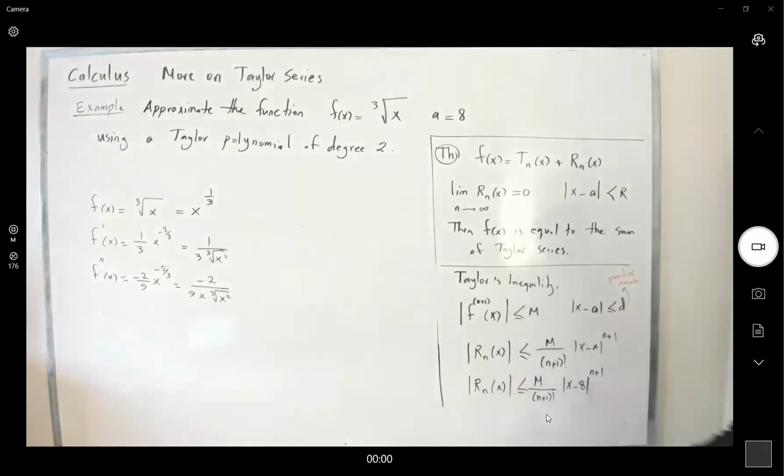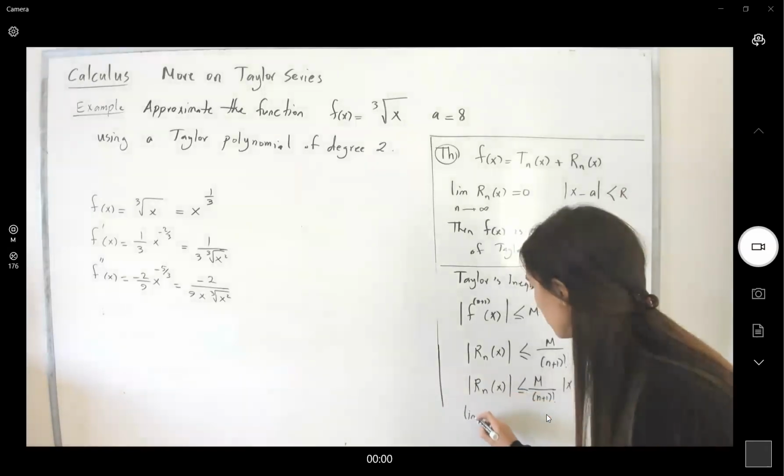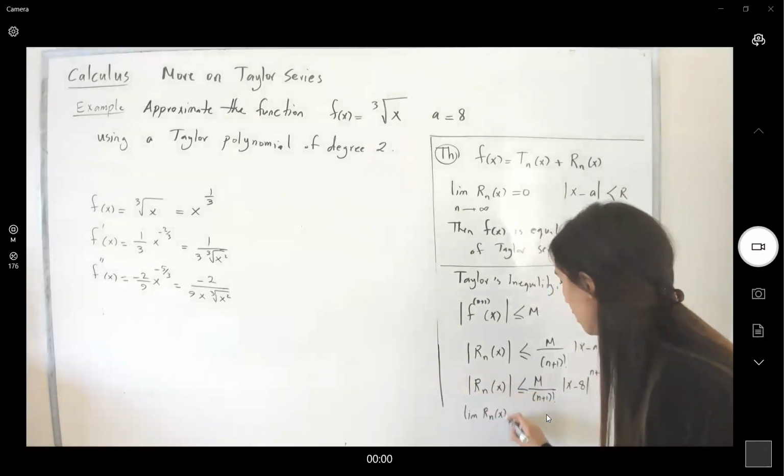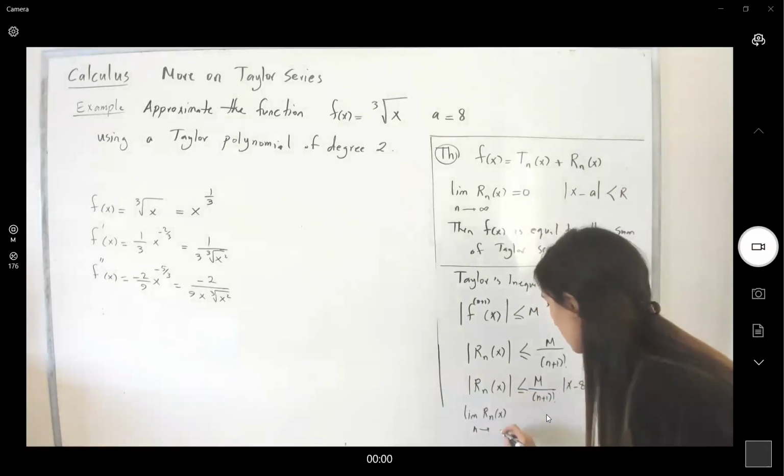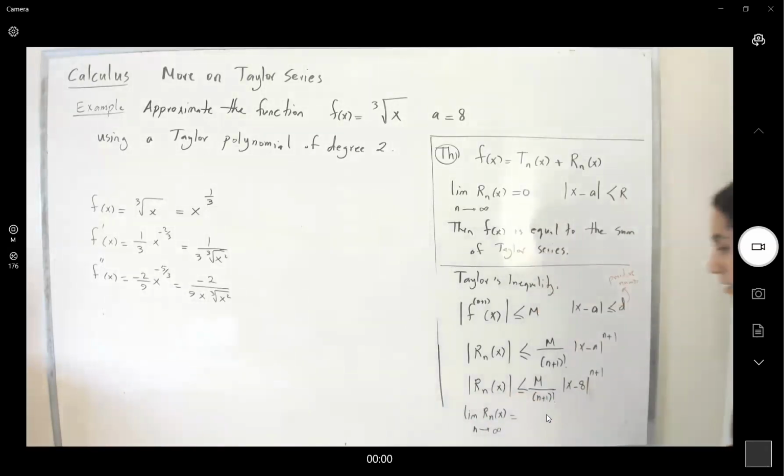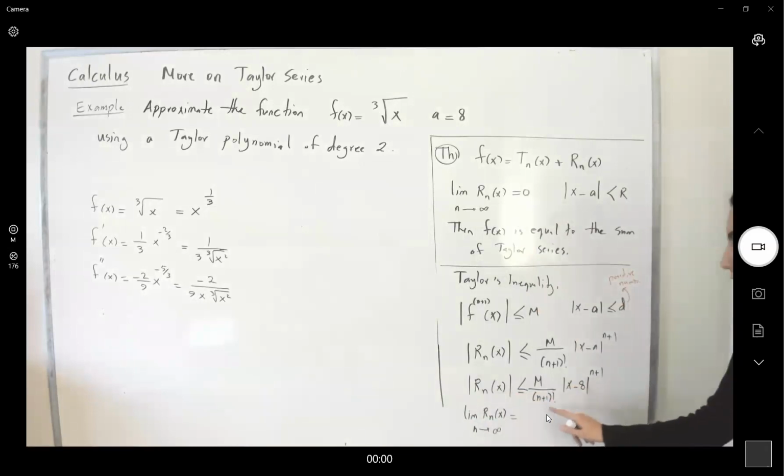And while we take the limit of R_n as n goes to infinity, take a look at this. Here you have a number times a power expression. On the denominator, you have a factorial.